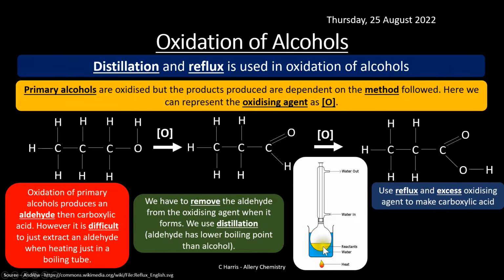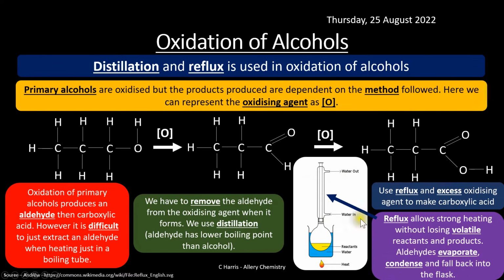You'd put your primary alcohol in there with your oxidizing agent and heat that up, and it'll hit against the condenser, cool against the condenser, and then drop back down. If there's an aldehyde in there, that'll oxidize further to produce a carboxylic acid, and it'll keep going up and down, heating, condensing and dropping. If you do that, then you'll go all the way to a carboxylic acid, which is over there.